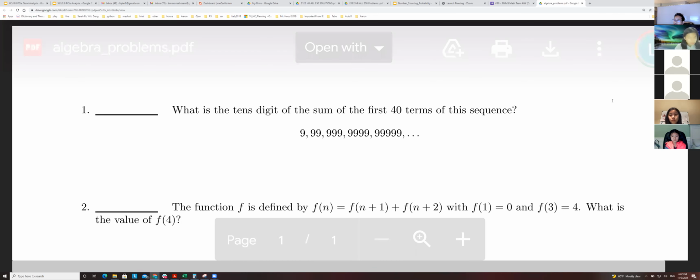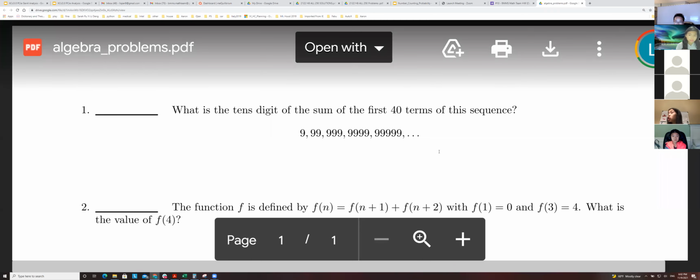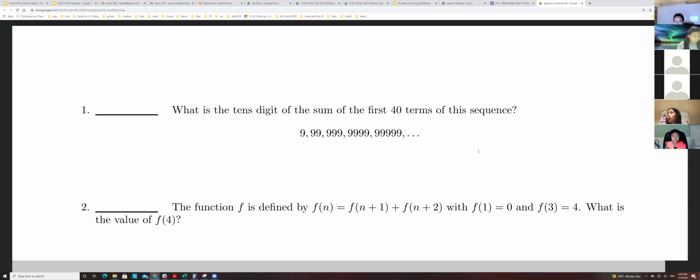So basically the 10th digit, we could do the 1's digit plus the 10's digit, which is 40 times 9, 360, plus 3600, which is 40 times 90.